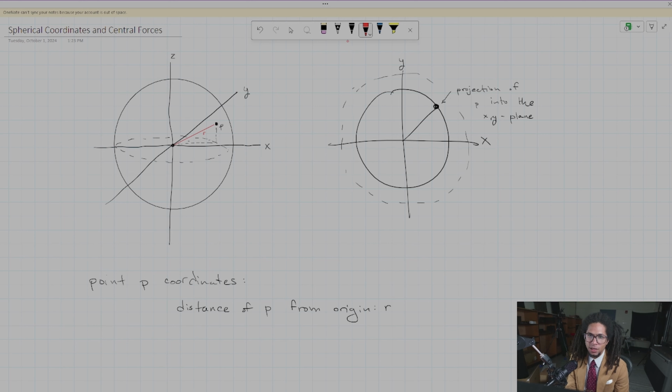Okay, next we can think about this angle that's in here. So the angle between the z-axis and the ray that goes from the origin to P. This angle we'll call theta.